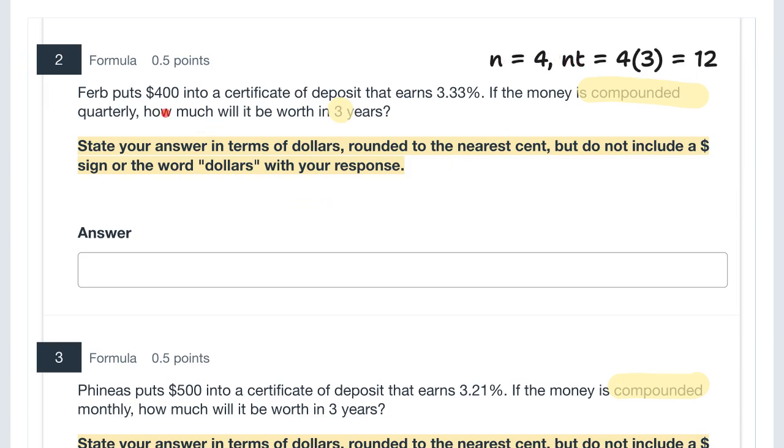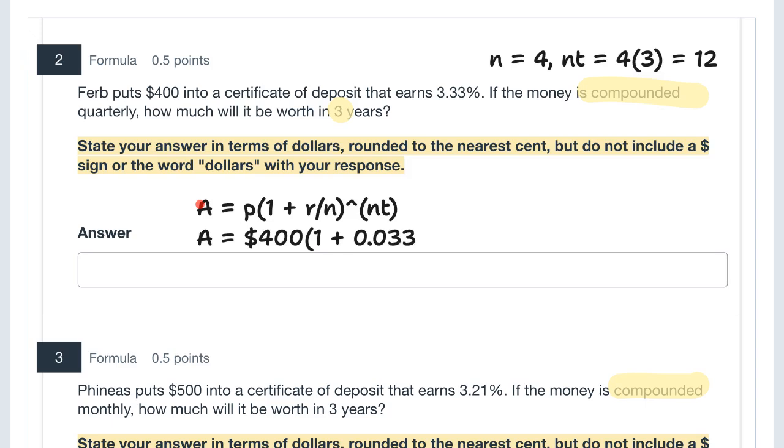So now we're looking for the total future value A, which is our formula A equals P times 1 plus r over n, raised to the nt. When we plug our numbers in here, A is the original $400 times 1 plus the interest rate of 0.033 divided by n, which is 4 times a year.